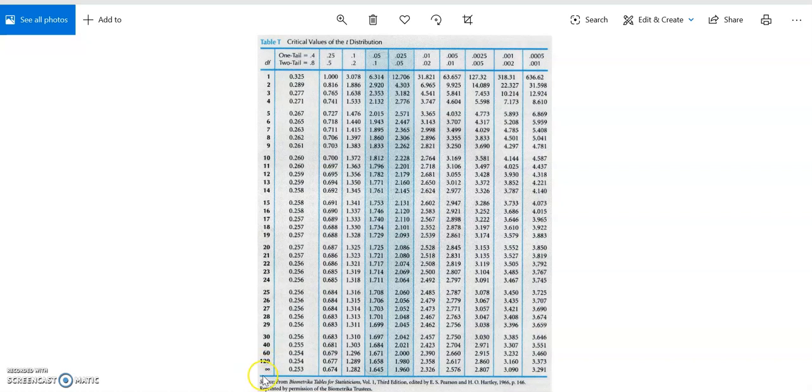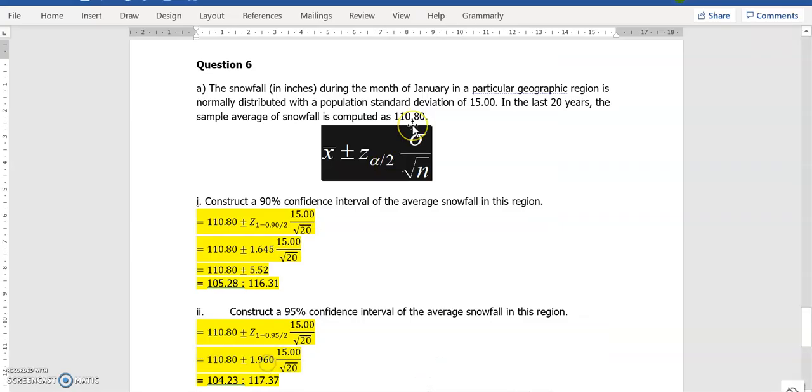So the degrees of freedom based on the question, in order to determine the degrees of freedom, we have to identify whether we have the information about population standard deviation or sample standard deviation. We have to know whether we have the population or we only have this sample.